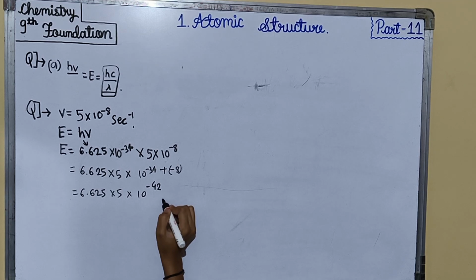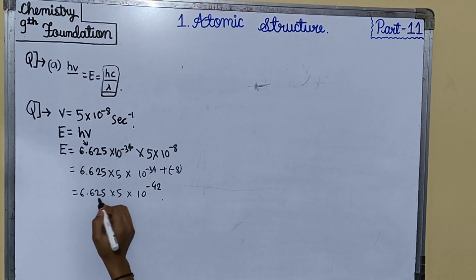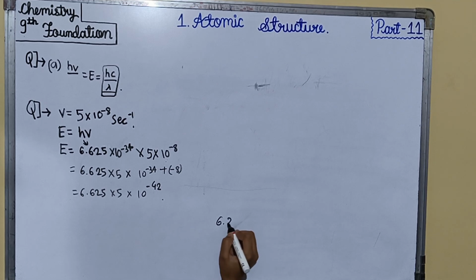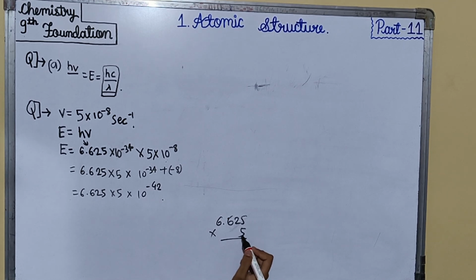We will solve in short, 6.625 into 5. We will get 25, then 5 times 2 is 10, 11, 12, then 5 times 6 is 30, and 1 carried 31, point over here 33.